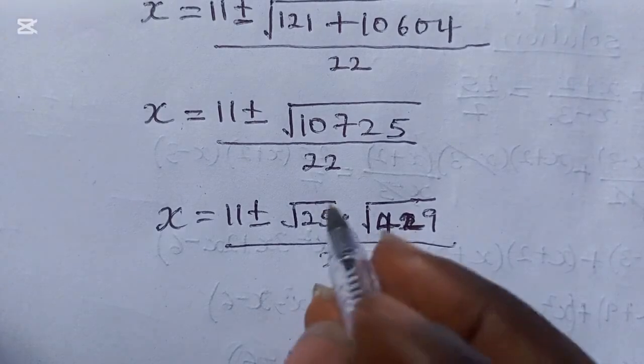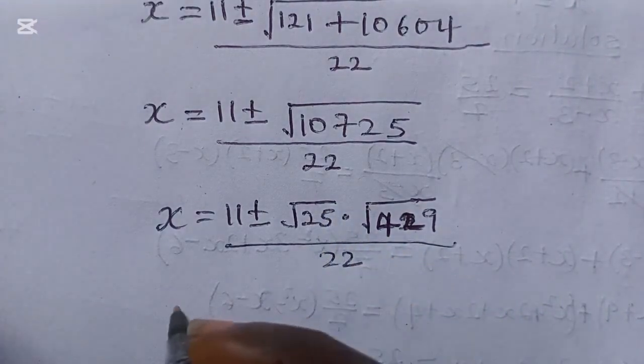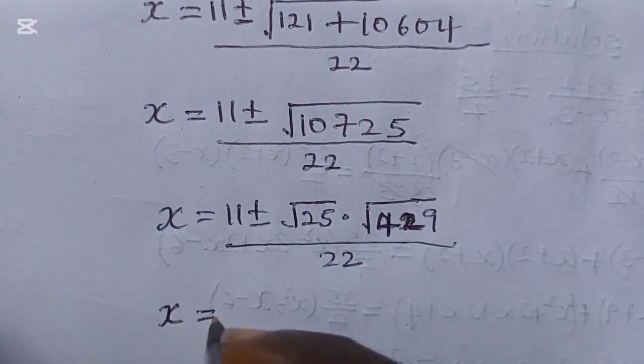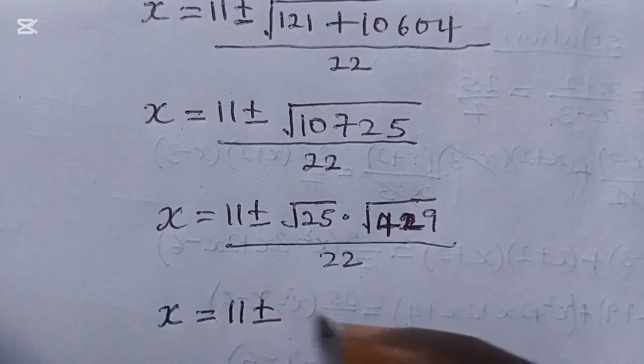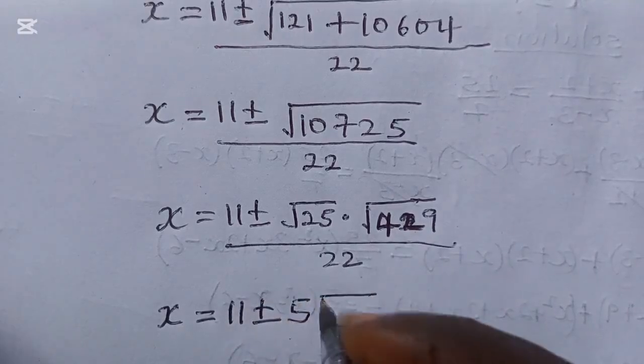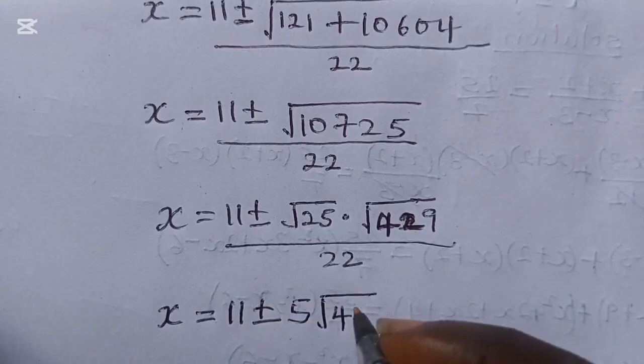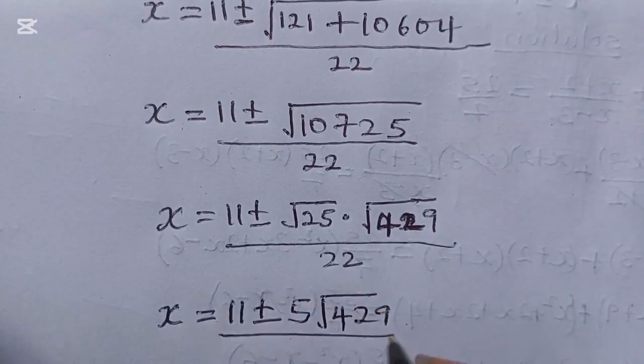So if you look at this now, the square root of 25 is 5. So we have 11 plus or minus 5 square root of 429 divided by 22.